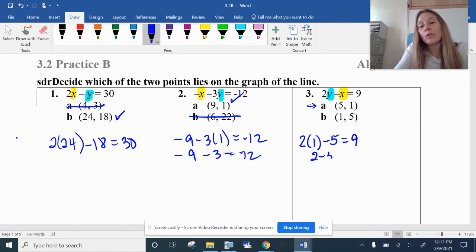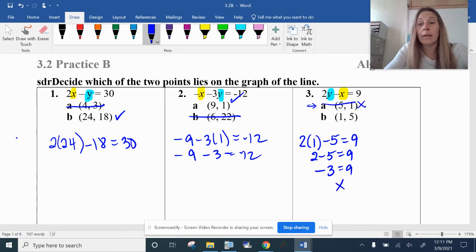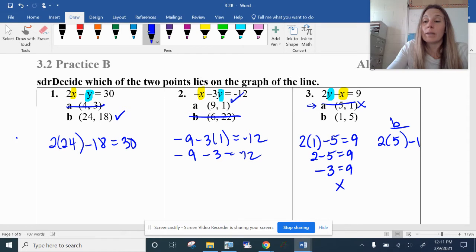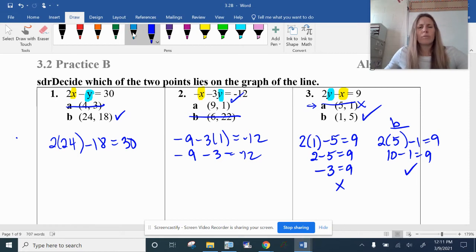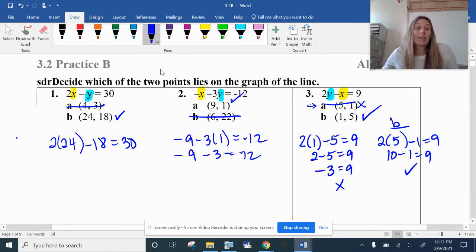So this gives me 2 minus 5, which is negative 3, and that does not equal 9. But if I do B, then I'm going to do 2 times 5 minus 1, and that's 10 minus 1, which does equal 9, so that would be my solution there. So just be really careful about plugging in your x and your y. They don't have to be in any special location. You just have to make sure you're plugging into the right one.